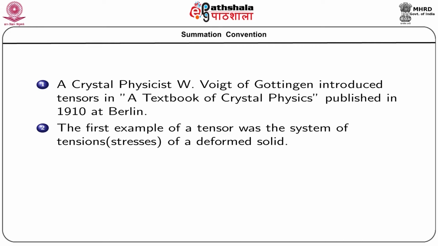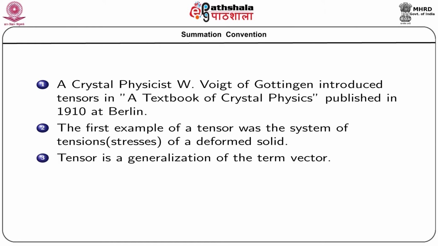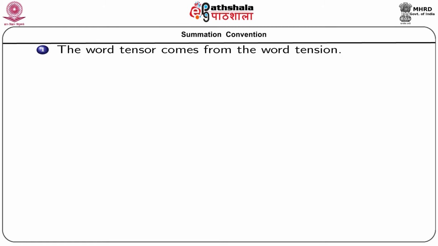When a solid is deformed, tensor is created. We can discuss about this by a picture which is coming after the next slide. Tensor is the generalization of the term vector. The word tensor comes from the word tension.